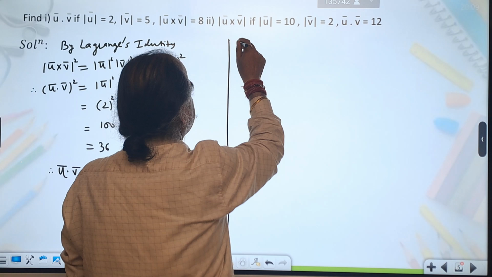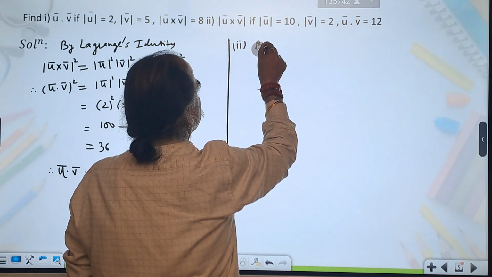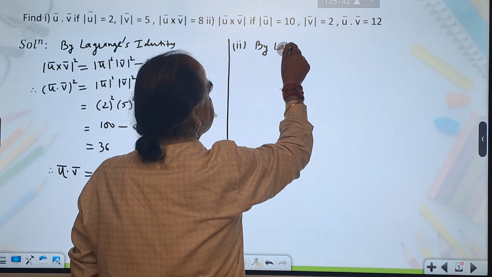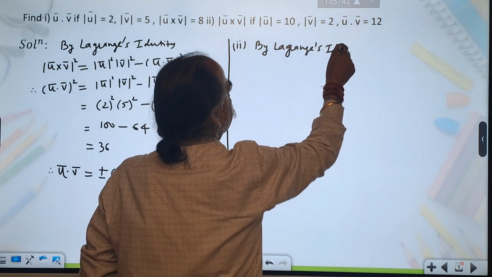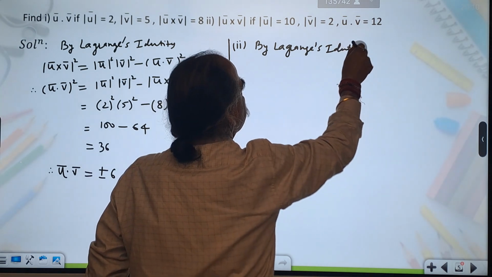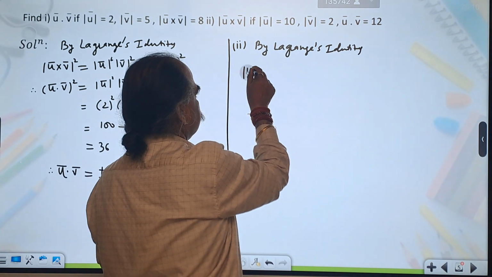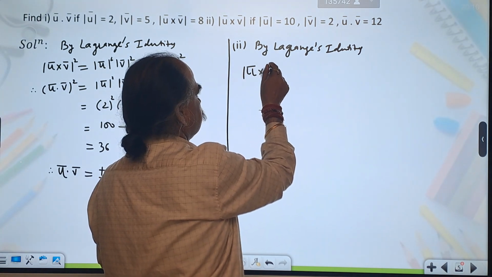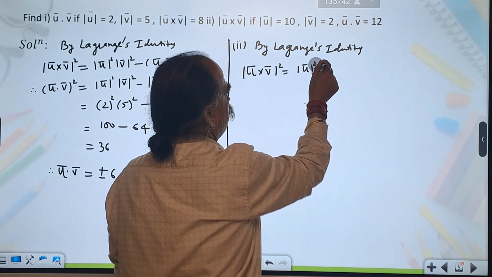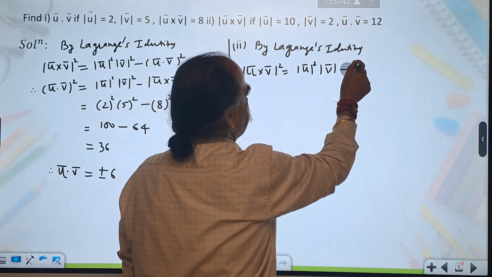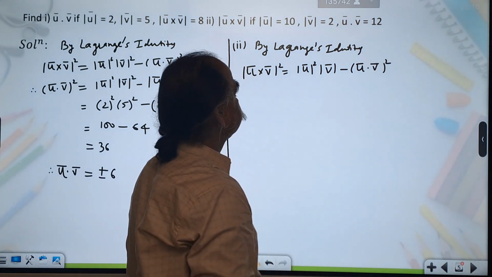Second is also based on Lagrange identity. By Lagrange identity, mod u cross v square is mod u square mod v square minus u dot v square.